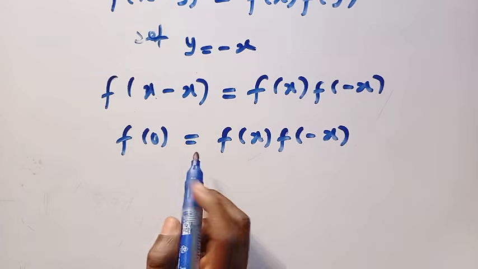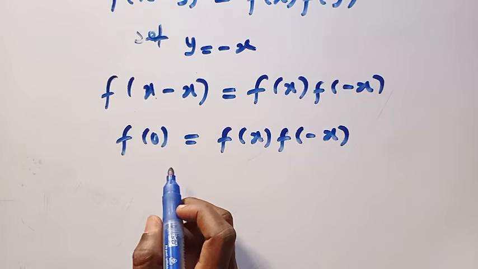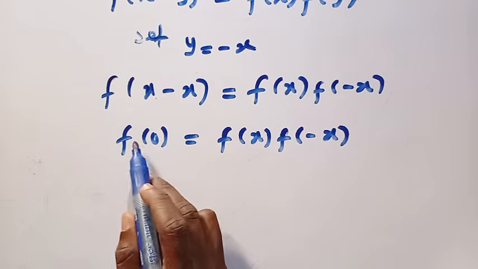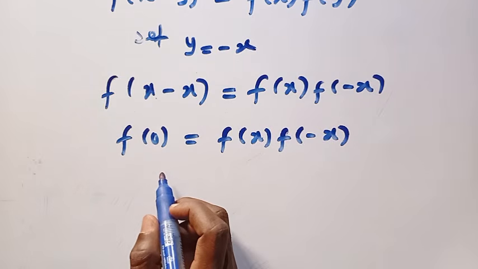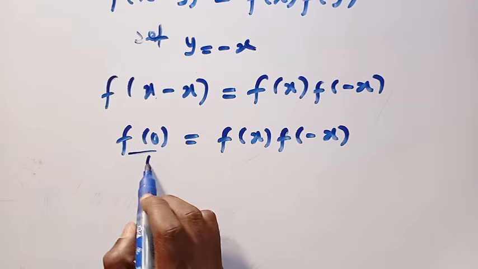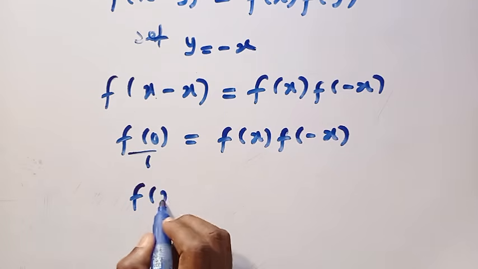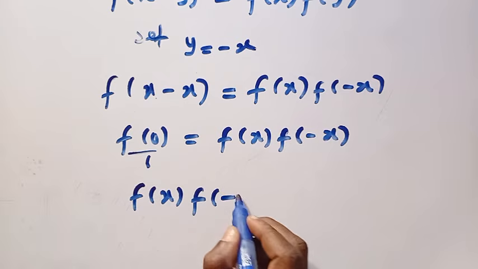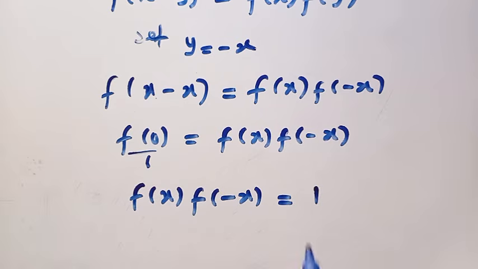We have gotten the first one as f of x equals 0, that is when we let f of 0 equal 0. But considering the second option, which is f of 0 equals 1, by changing this f of 0 to 1, we are going to have f of x multiplied by f of minus x equals 1.